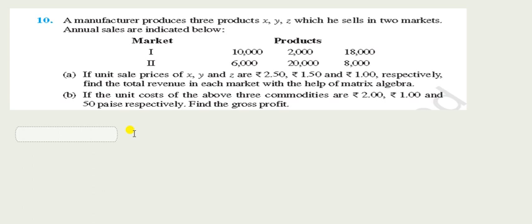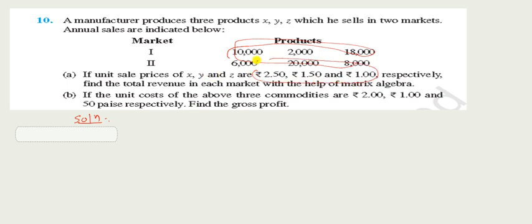So let us find the gross profit, right? So this is simply what you do. First I should make the matrix in such a form that this will be multiplied by this.